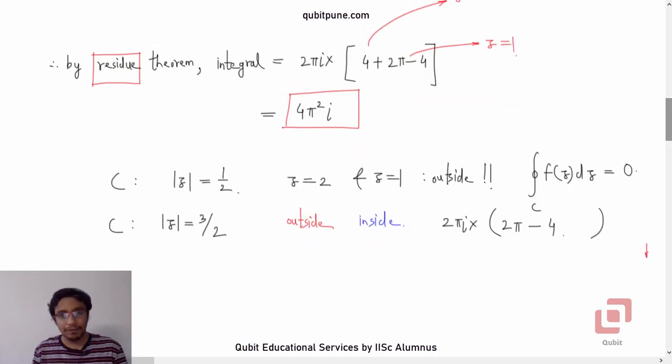Okay, and if we now consider the following situation, mod of z minus 2 equal to 1 upon 2. Now the pole z equal to 2 is inside, but z equal to 1 is outside.